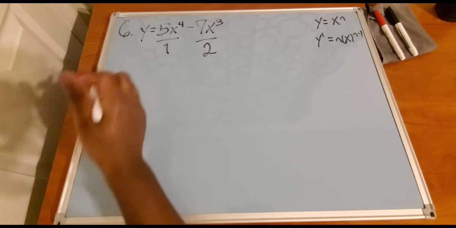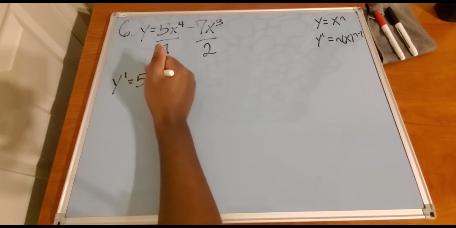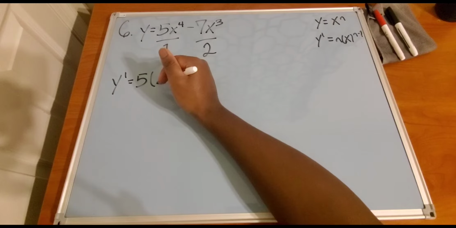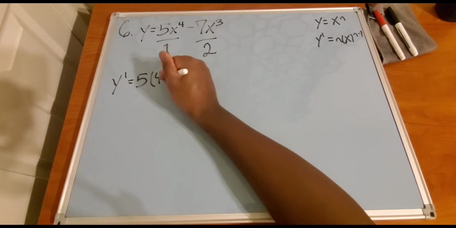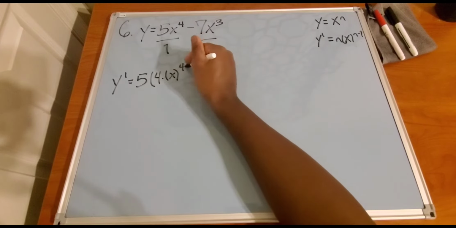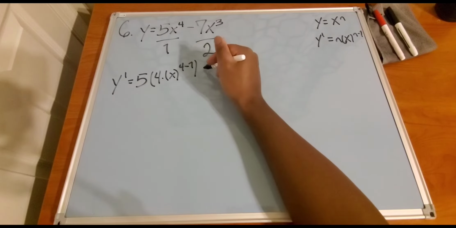So let's use it on that first section. Y prime is equal to, pull out the 5, take the derivative of what's inside, so we have x to the 4th. Well, we know the derivative of x to the 4th is 4 times x raised to the 4 minus 1. Close parentheses. That's our first section.